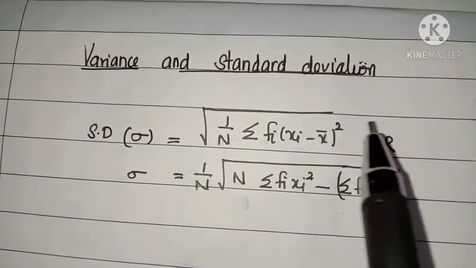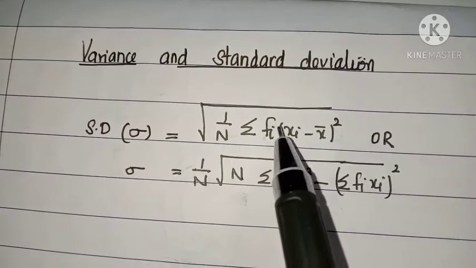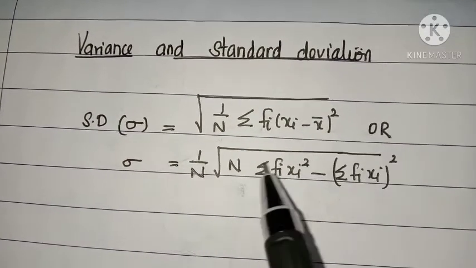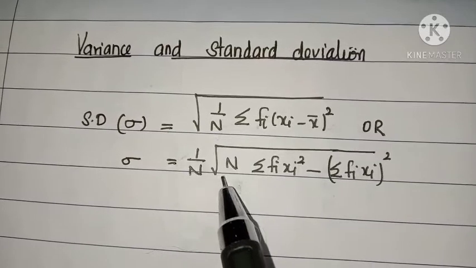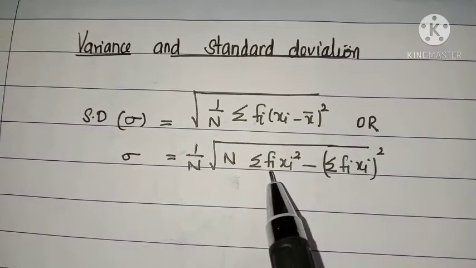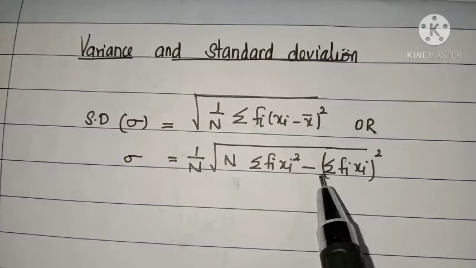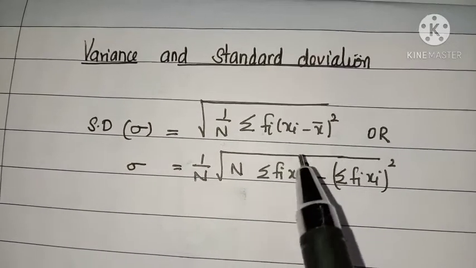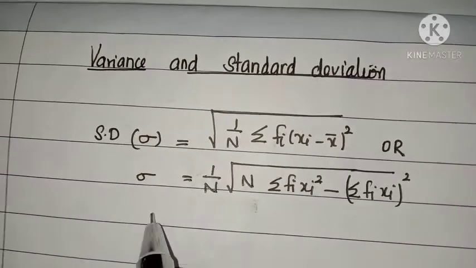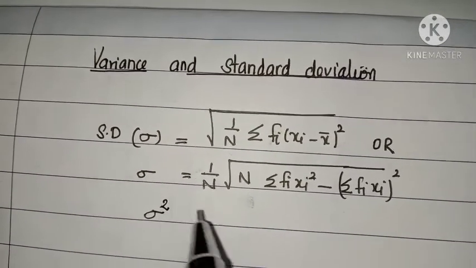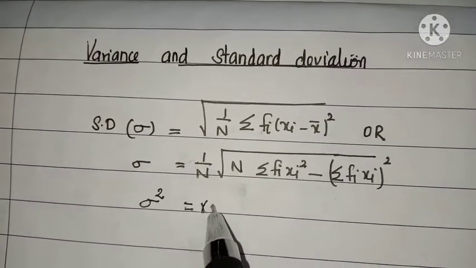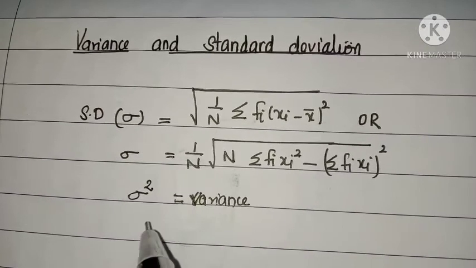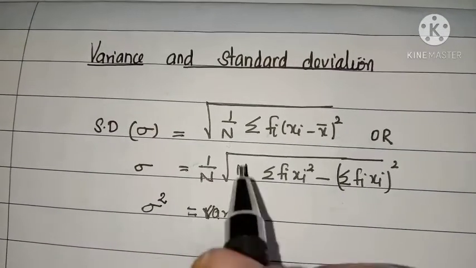One is root of 1 by n sigma fi into (xi minus x bar) the whole square, or the second one is 1 by n into root of n into sigma fi xi square minus (sigma fi xi) the whole square. Now listen, sigma square, or the square of standard deviation, is known as variance. So sigma square is variance and sigma is standard deviation.